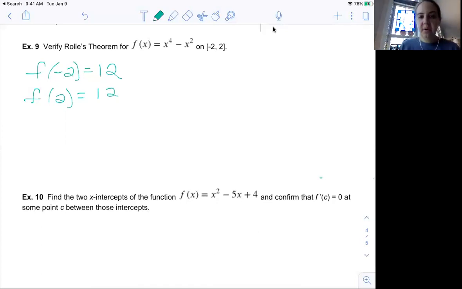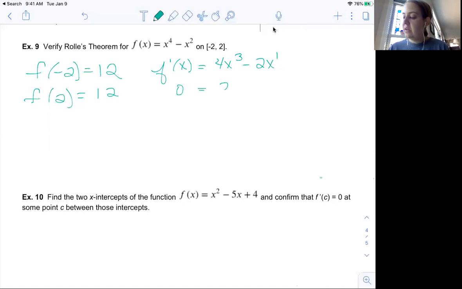And then we're looking for a critical point. We just want to verify that some critical point exists between -2 and 2. So how do we find critical points? The first derivative. So the first derivative is 4x cubed minus 2x to the first. And we're going to set this equal to 0. I can factor out a 2x.